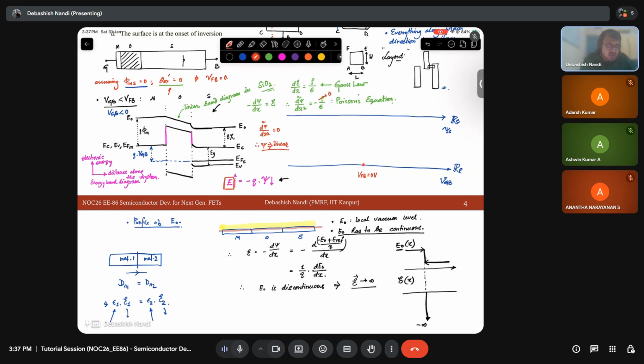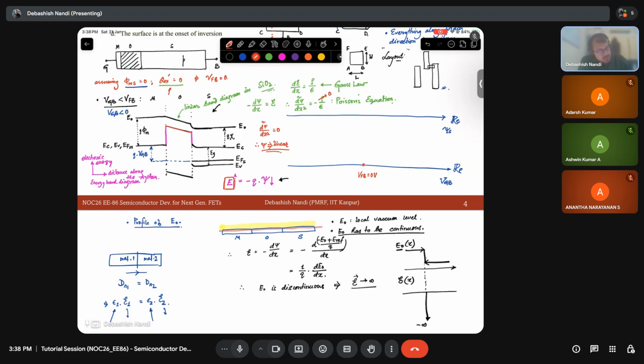So that is why your energy bands will be linear, because there is no charge present inside the oxide or insulator. This case will be different if there are charges present in the oxide layer. Okay, is it clear why it is linear? Yes, sir. Fine.